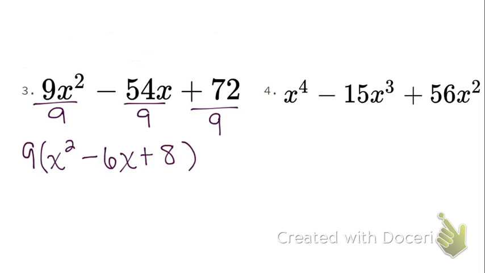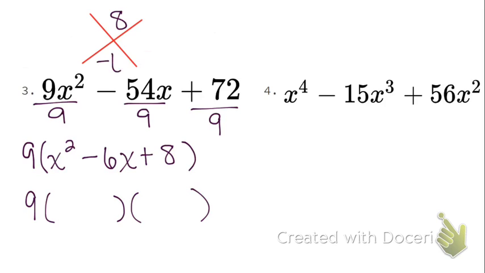Again, in order to continue factoring it, we are going to use the X method. We are trying to multiply to 8, but we are trying to add up to a negative 6. Remember, in order to multiply to a positive number, you need to have the same signs.